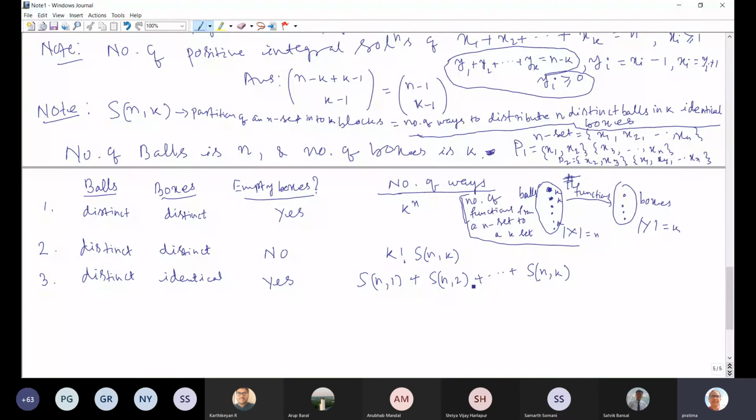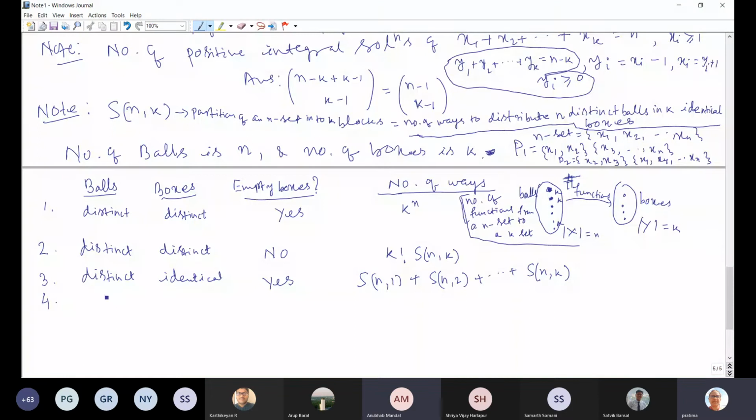And here k minus 2 boxes will remain empty. And here no box remains empty, SNK. So you check whether you agree, whether it is correct or not.